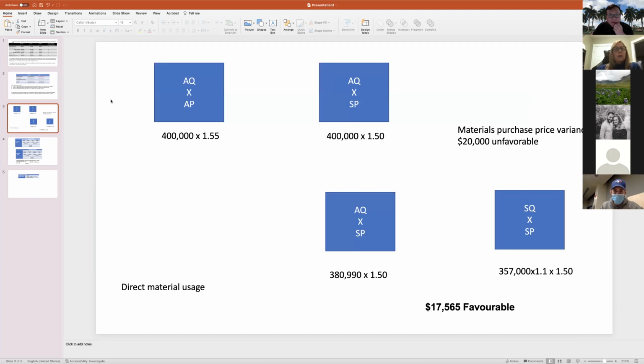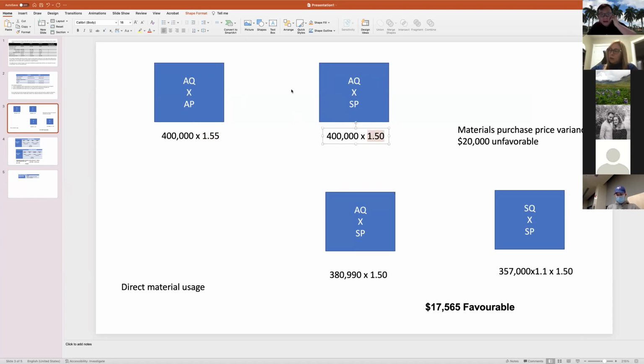Okay. So remember in the middle is the actual quantity and standard price, right? So we know the actual quantity, the direct materials purchased, is 400,000 kilograms, right? That's the actual purchase. But the actual price is $1.55. We know the standard is 1.5, right?